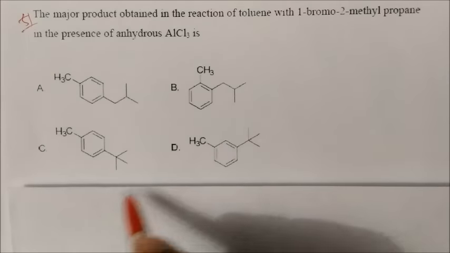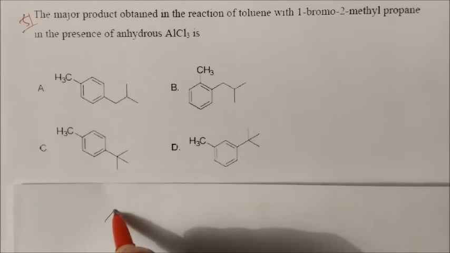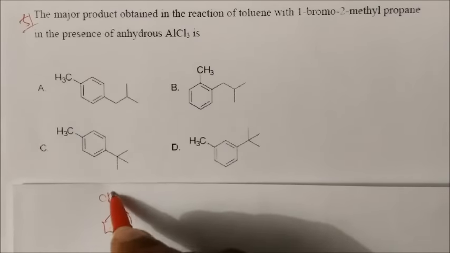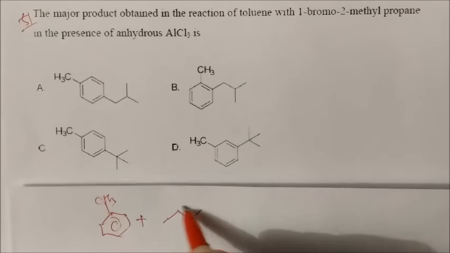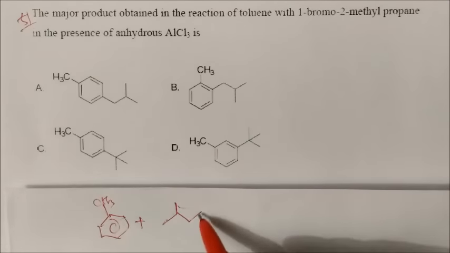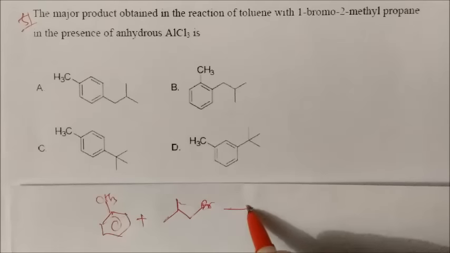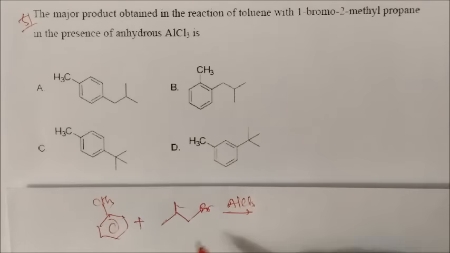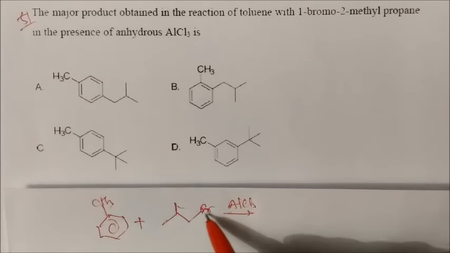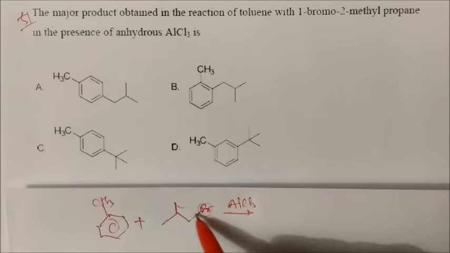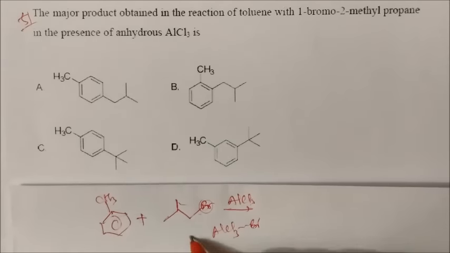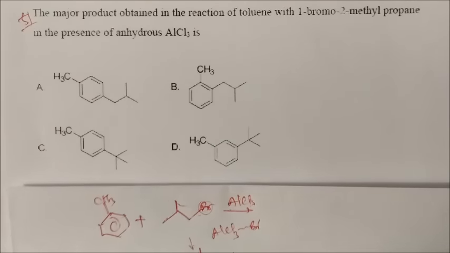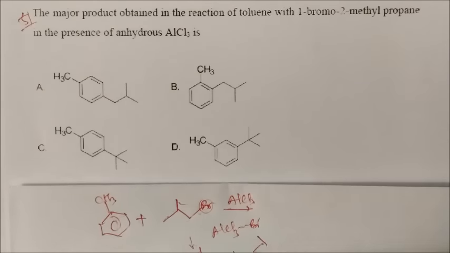Again we can write toluene, this is the toluene CH3, and we are going to react with the 1-bromo-2-methylpropane, in presence of anhydrous AlCl3. So AlCl3 will take the Br, form a complex with the Br, and it converts into a positive carbon. There is a shifting of 1 hydrogen, so it becomes your carbocation over here.